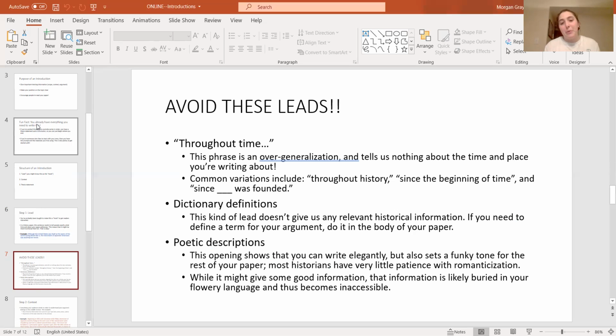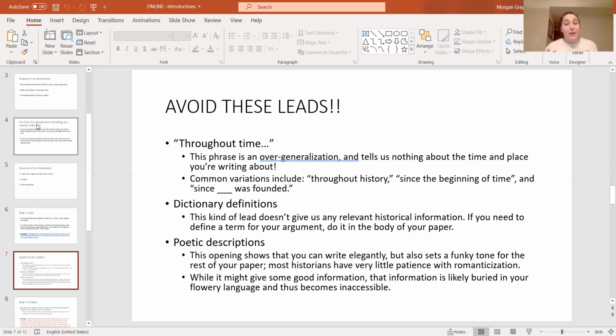But from a practical standpoint, while it does give good information sometimes, you kind of buried it inside some flowery language, so people have to actually think and interpret to figure out those little nuggets of information you might have left in there. And one of the goals of history papers in general and of introductions broadly is you want to give them information in a very accessible way.